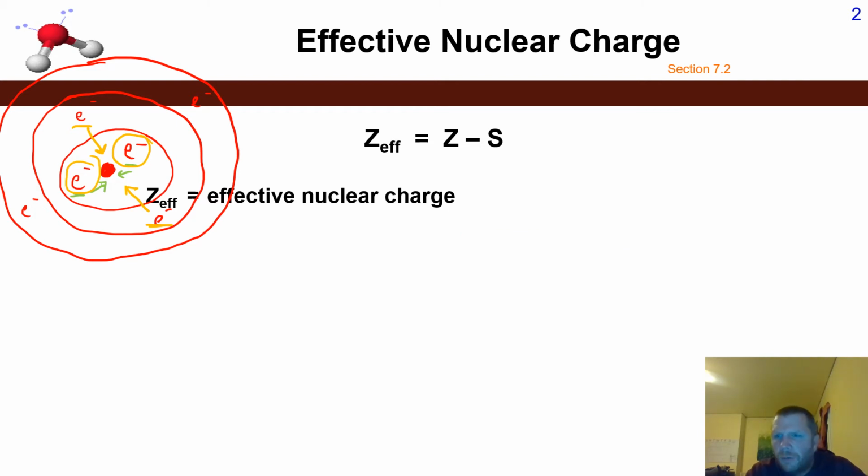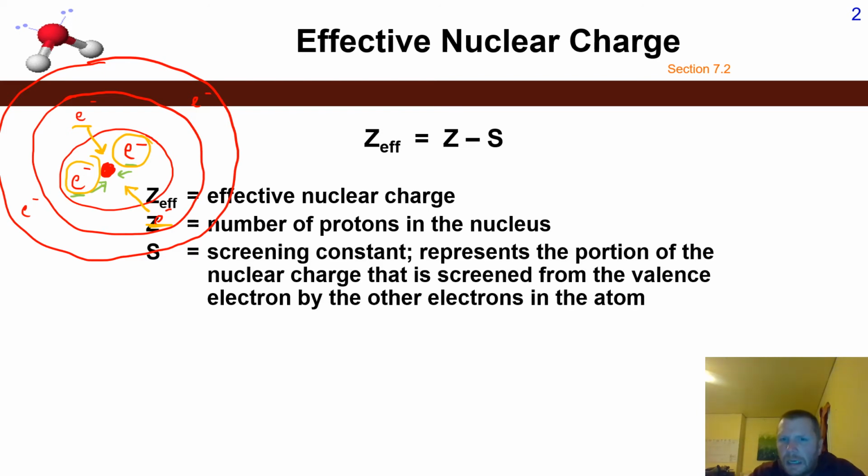And sorry for my random writing there, but that effective nuclear charge looks at the total number of protons in a nucleus and subtracts the screening constant. The screening constant represents the portion of the nuclear charge that is screened from the valence electron by the other electrons in the atom. So if you take something like this outermost electron right here, these outermost electrons out here, they're going to be screened by all of these 4 electrons on the inner rings.